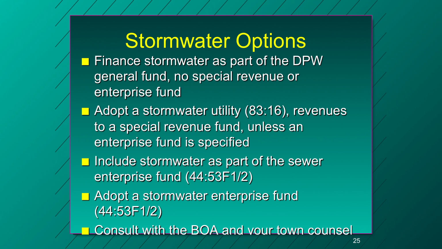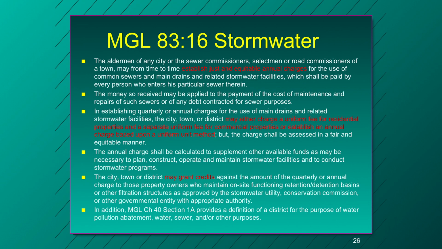Number 3, include stormwater as part of the sewer enterprise fund. Fourth option is to adopt a stormwater enterprise fund by adopting Chapter 44, Section 53F½. You should always consult with your Bureau of Accounts representative from the Department of Revenue and consult with your town counsel when you're dealing with these Massachusetts general laws.